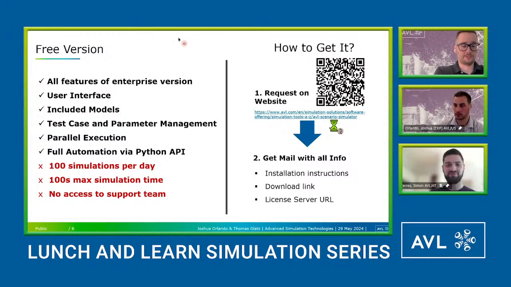The limitation of the free version is just how many simulations you can do per day and also the duration of the time. And of course, you will get paid access to the support team only in the paid version. But you can do everything with the free version, and I think that's exciting enough that you can try and set up really a lot of ADAS cases, as Josh will show later today.